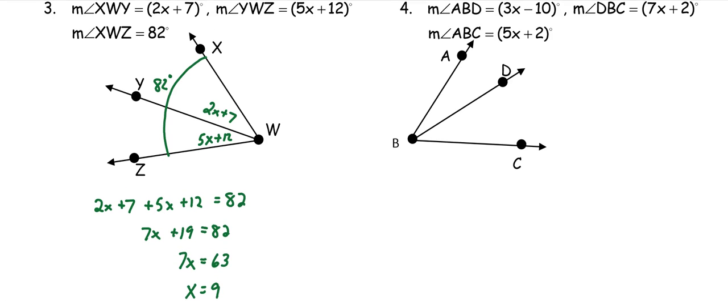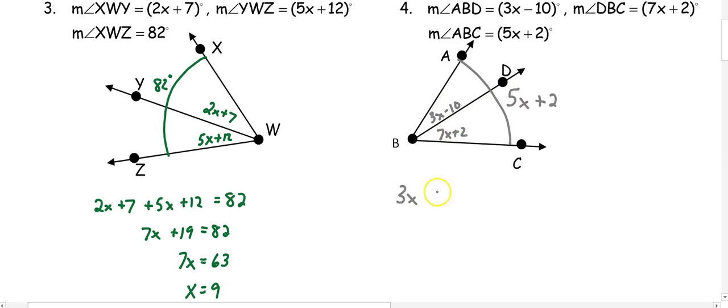Number 4, the measure of ABD is 3x minus 10. DBC is 7x plus 2, and our entire angle is 5x plus 2. So the two pieces inside the angle are added together to equal the whole angle.